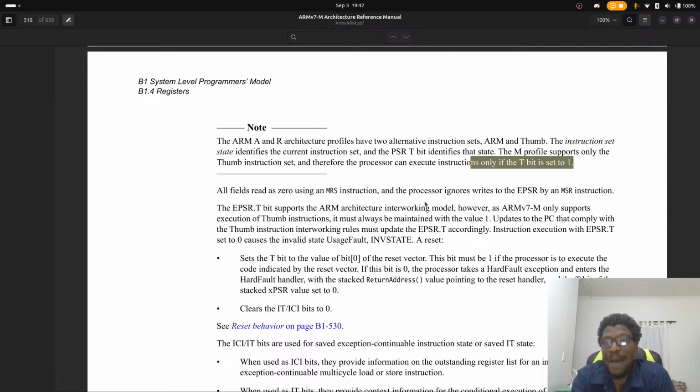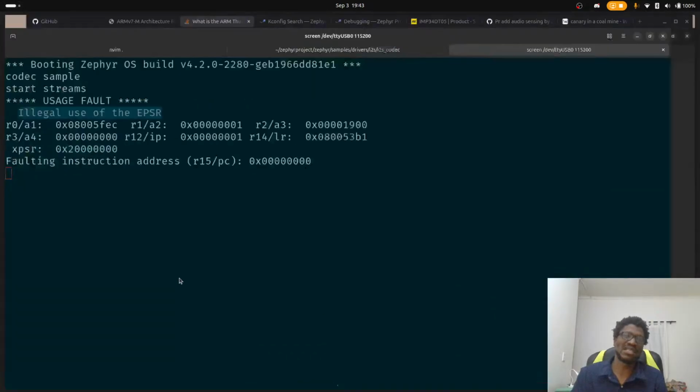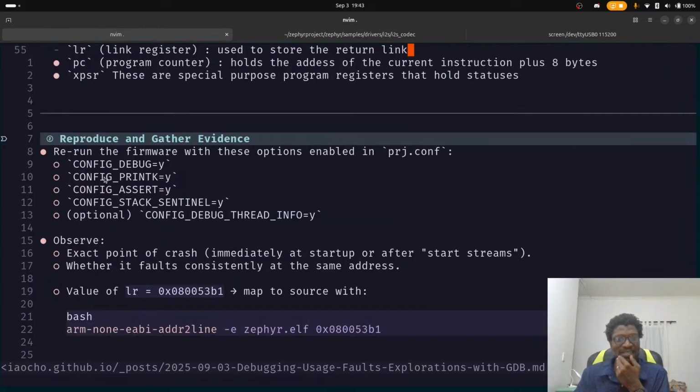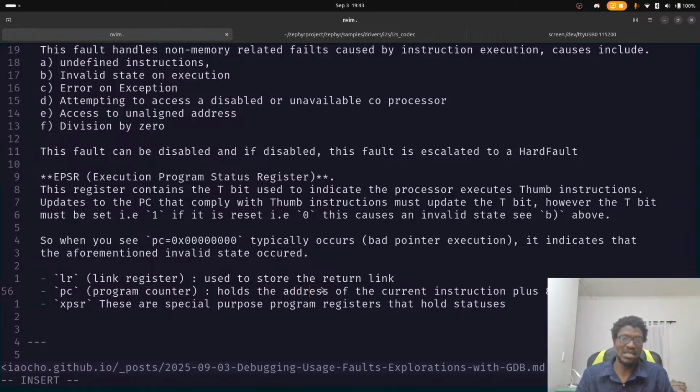Okay? Updates to the PC, and I'll cheat here by explaining something I have not shown. The PC is the program counter. So this is a register that holds the current execution, the address of the current instruction plus 8 bytes. So this is a register that just holds the address of the current instruction. You're doing an addition, the pointer to the addition is going to be in the program counter.